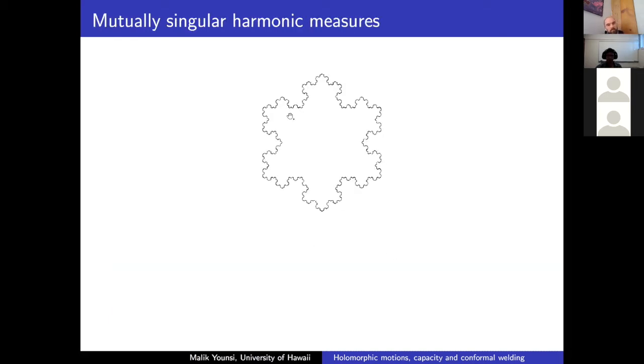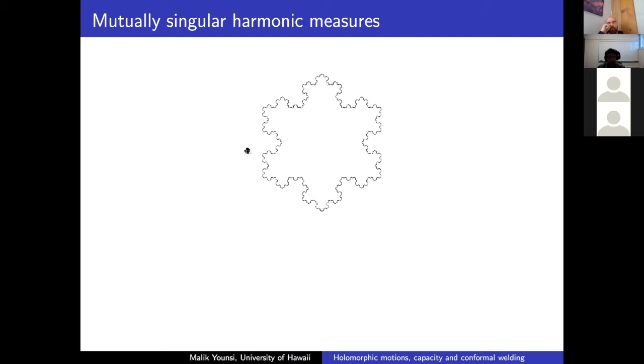The von Koch snowflake is a curve that has the property that the harmonic measures from both sides are mutually singular. The idea is that if you start a Brownian motion from the inside, and it is likely to hit a point from the inside, then it's not likely to hit the same point from the outside. That's roughly why the harmonic measures from both sides are mutually singular.